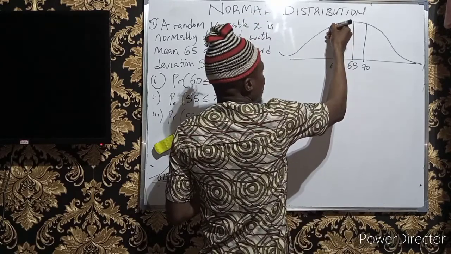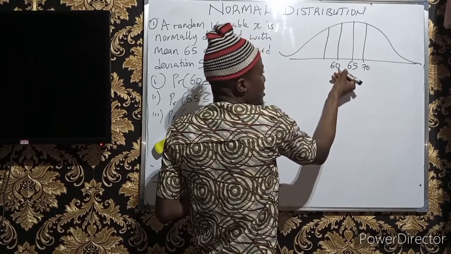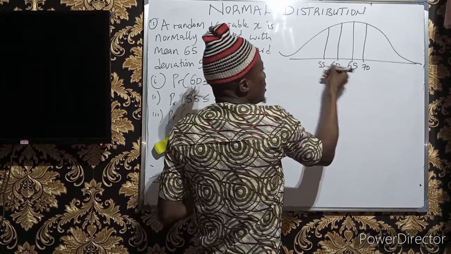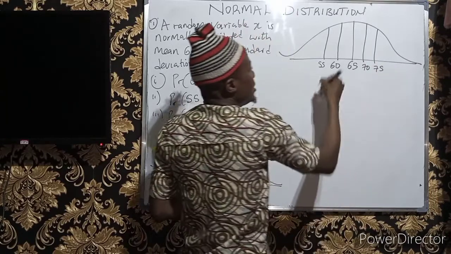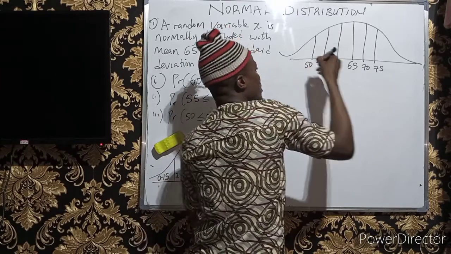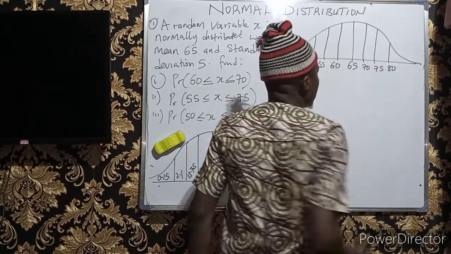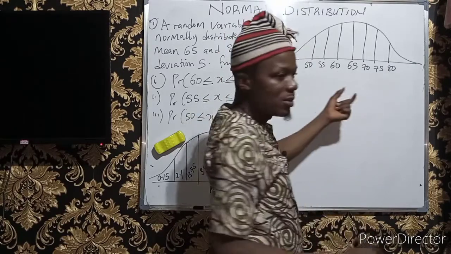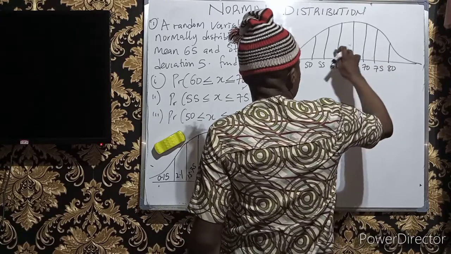Remember, it is a standard deviation that you are subtracting to the negative and adding to the positive. If I move to a second one, since the standard deviation is 5, 60 will reduce to 55, while 70 will increase to 75. If I move again, the third one, 55 will reduce to 50, while 75 will increase to 80. Now remember, from the first table I drew before this question, I told you how I got the values of all these points.